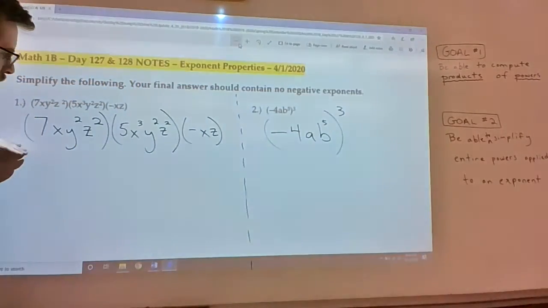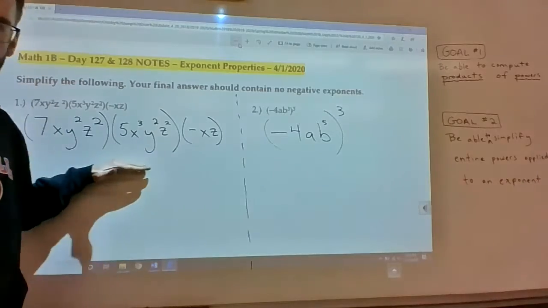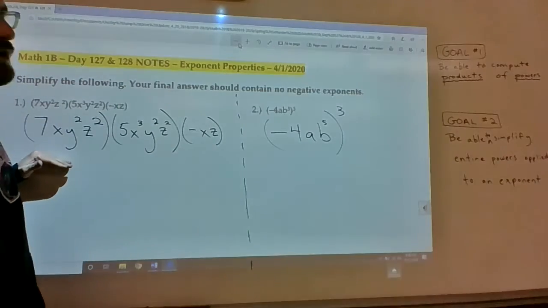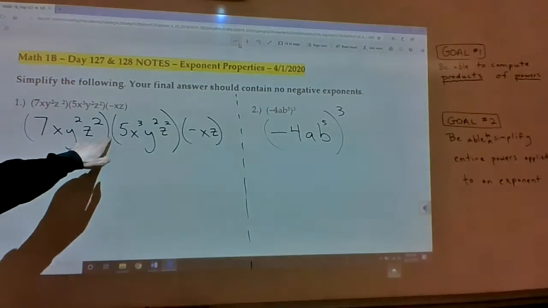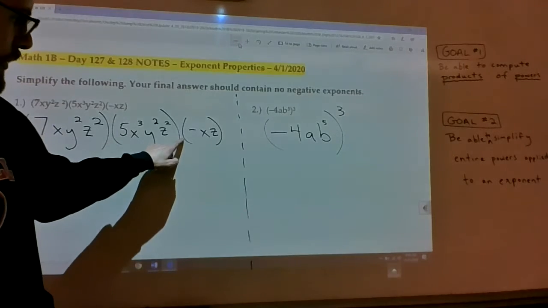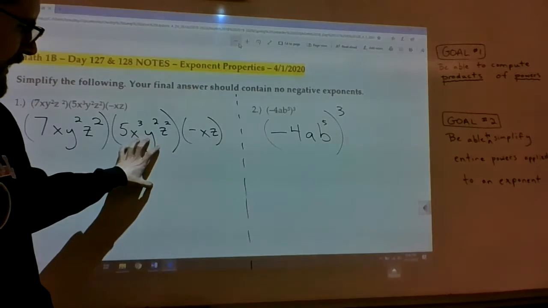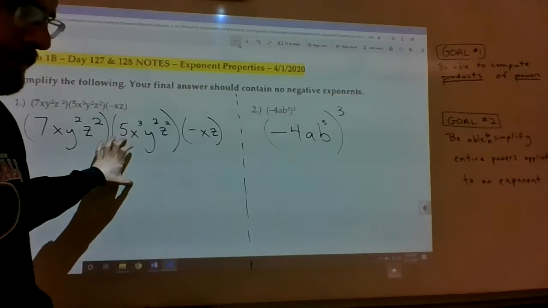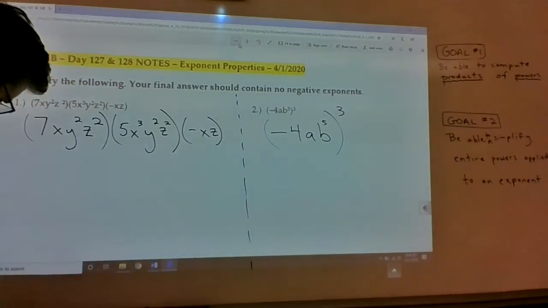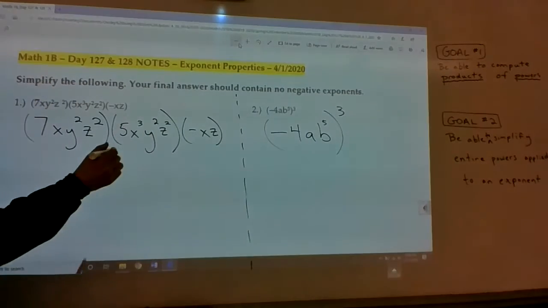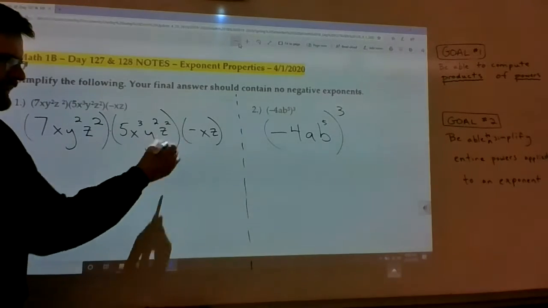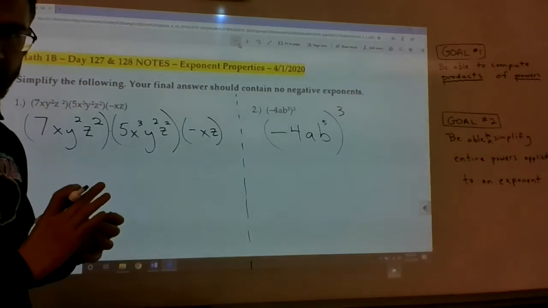So our first goal is illustrated right here in this first example. How do we compute products, which just means multiplication, of powers, which are basically variables or numbers taken to an exponent? These parentheses separating different groups indicate multiplication.